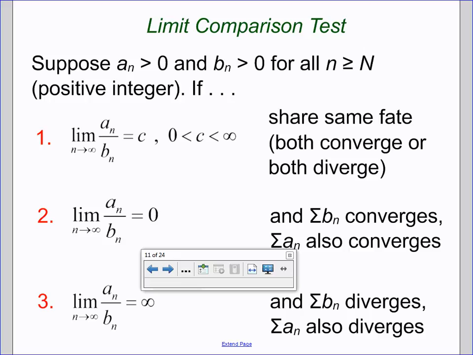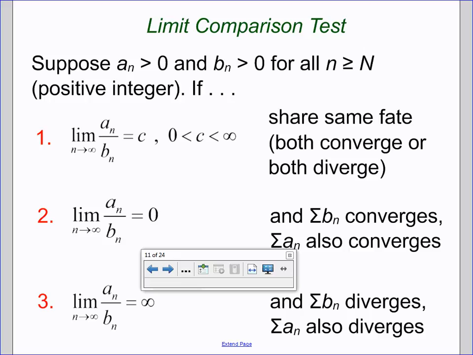So if we've got positive terms for some n forever after, then we consider the limit as n goes to infinity of the quotient of the nth term in each series. And if we get some positive constant, like 2, then that shows that the series share the same fate. They either both converge or they both diverge. Kind of like the integral test.